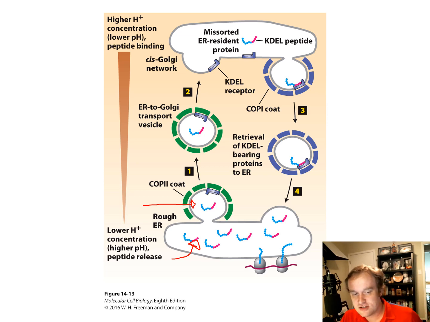There are several types, and they contain this C-terminal KDEL peptide, and there are receptors for this peptide too. So they contain this KDEL peptide, and sometimes, like I said, they get missorted into these vesicles that then end up in the Golgi network.